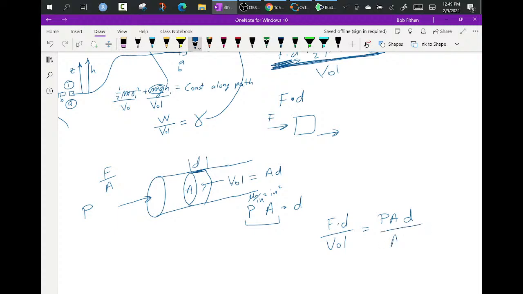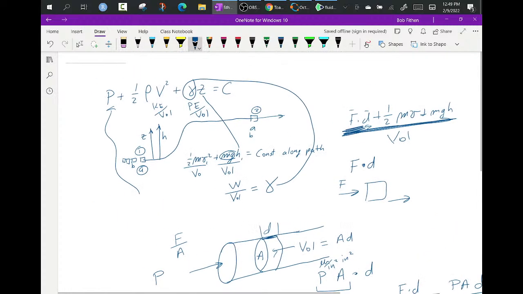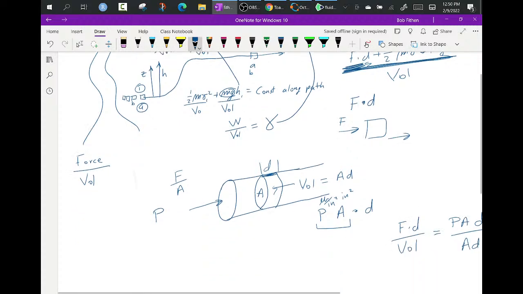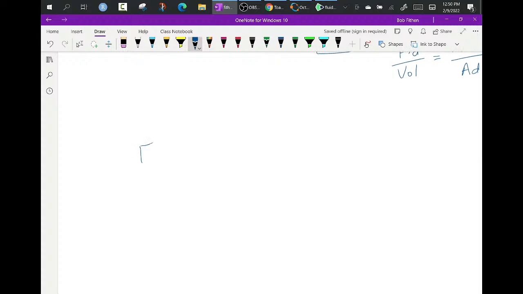The volume would be the area times the D, and you get back P. Sounds really weird, but this is the force applied per unit volume.